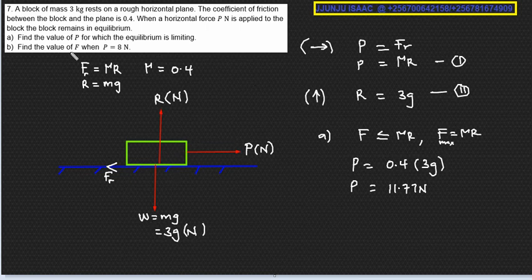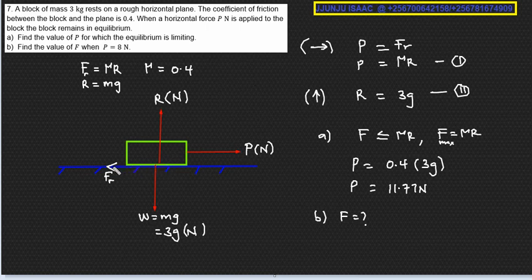Now part B, we are told to find the friction force when P is 80. Now we are going to have the same weight of the body, so same friction, because mu is going to remain the same.